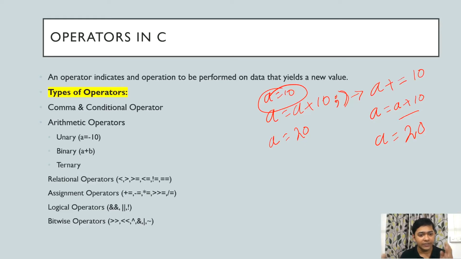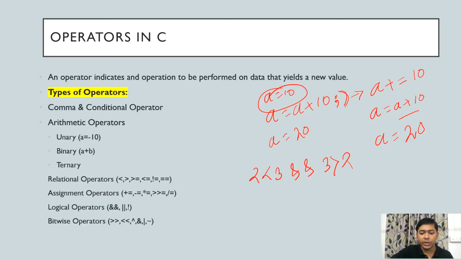If the left side is false, it will check the right side, and if the right side is true, it will produce true. Either side must be true. The only difference between and and or is that in the and operator, both the left side and the right side must be true, and only then will it produce true. Just for one example, suppose 2 less than 3 and operator 3 greater than 2.